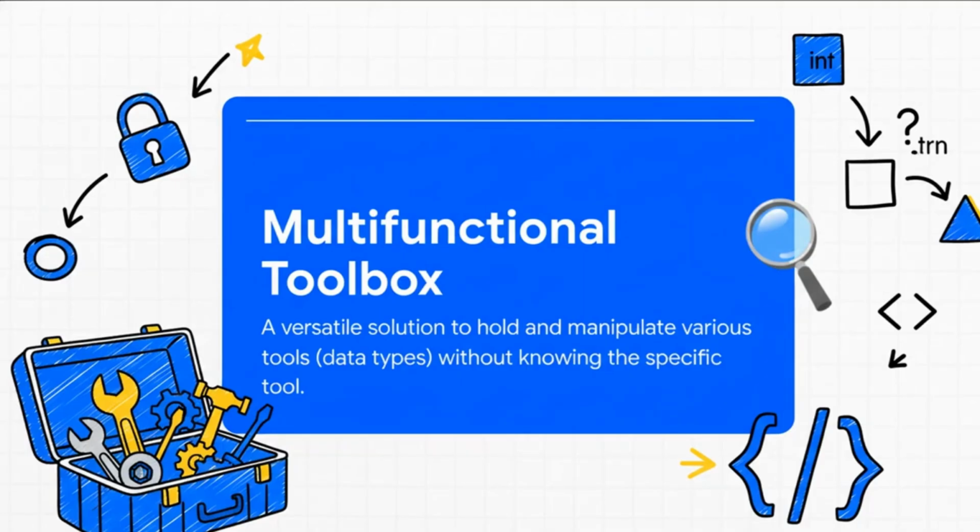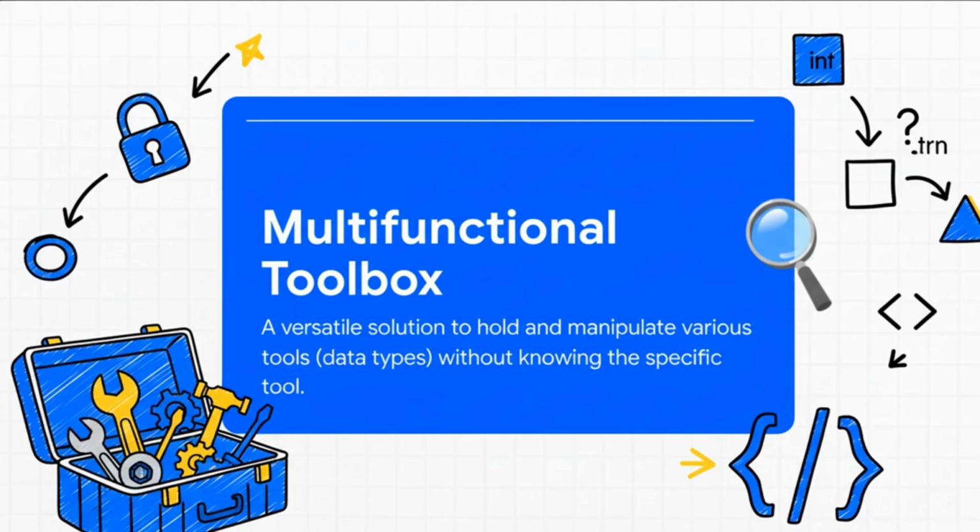To really get our heads around this, our source material gives us this perfect analogy, a multifunctional toolbox. Think about it. You don't have a separate box for your wrenches and another one for your screwdrivers, right? No, you have one awesome box that can hold and organize any tool. The box itself doesn't care what you put in it.